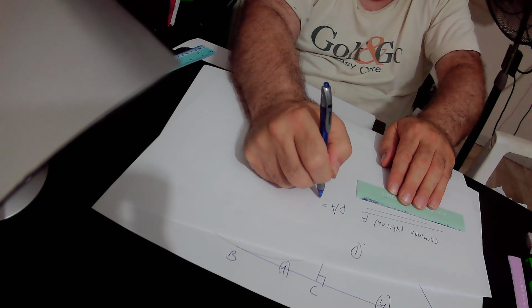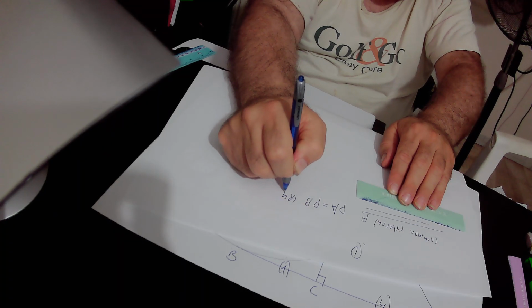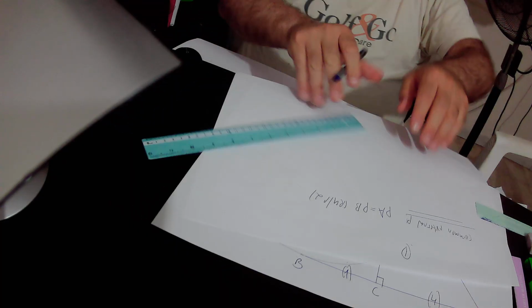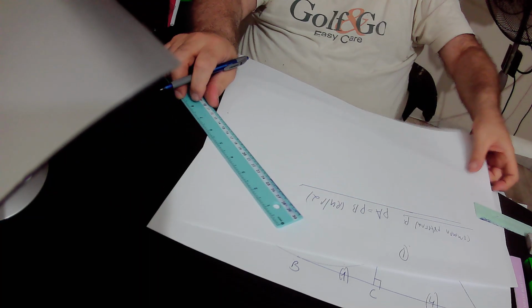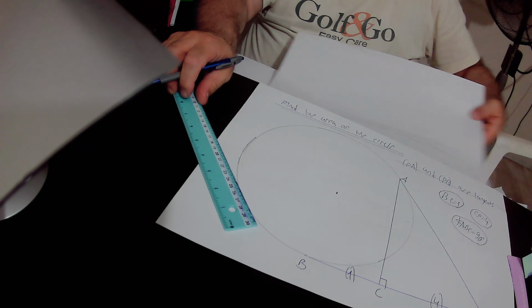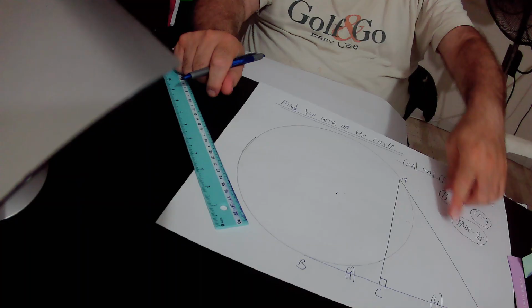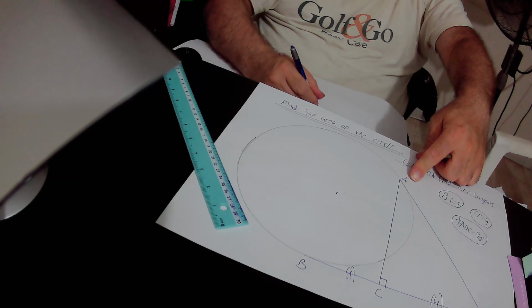That is to say, PA equals PB, according to rule 2. PA is the missing tangent, so we leave it as it is.